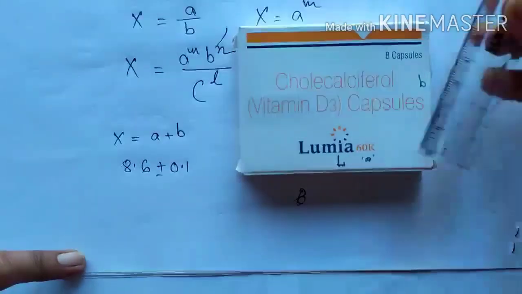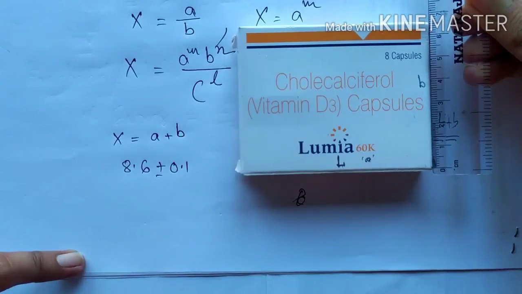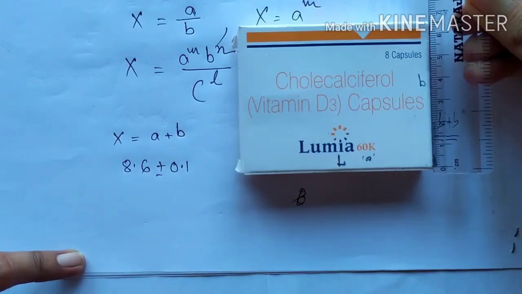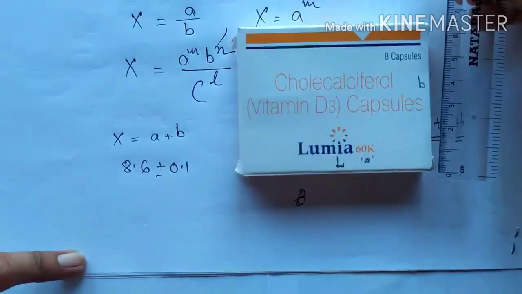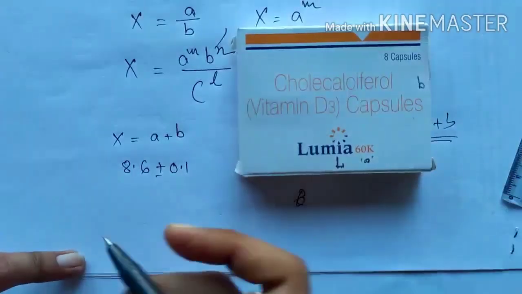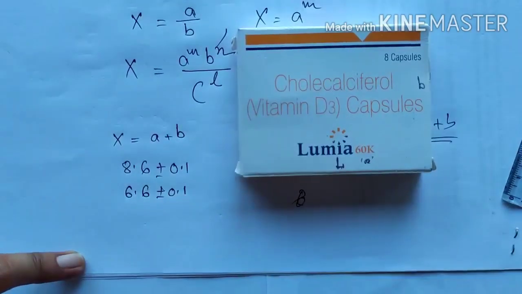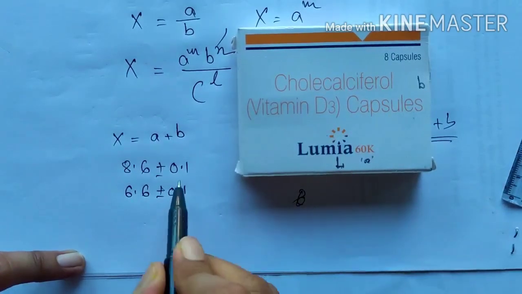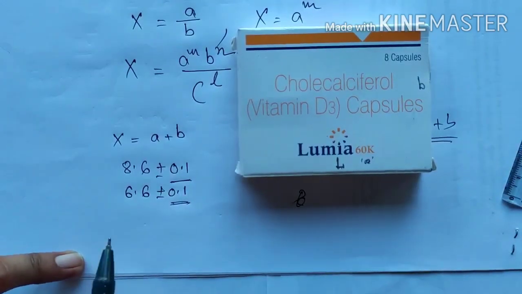Similarly, when I measure the length B, say from here to here, it is in between 6.5 and 6.6. So some of you can say it is 6.6, some of you may say it is 6.5. I don't know. Say it is 6.6 plus minus 0.1. Fine. Now here this 0.1 refers to the amount of error.